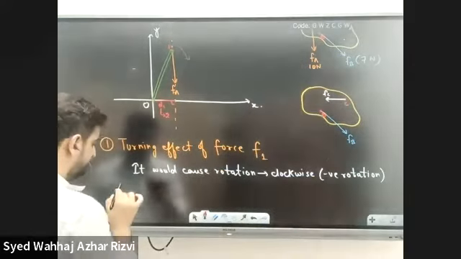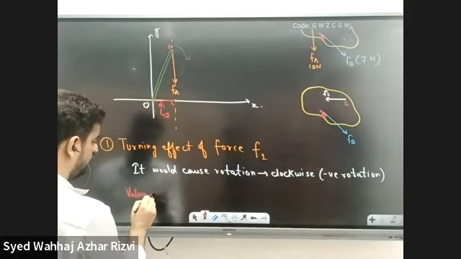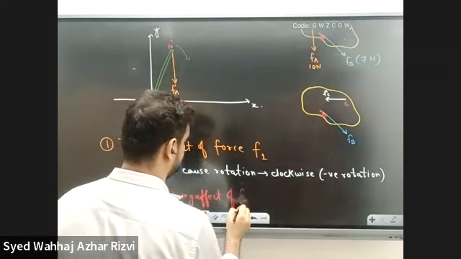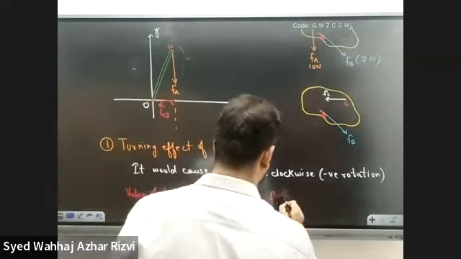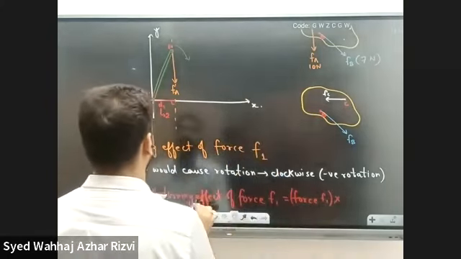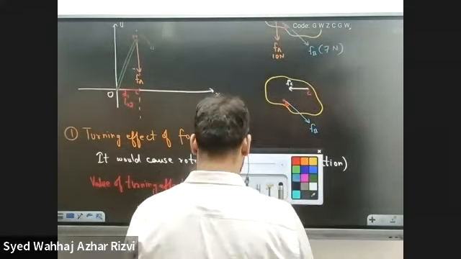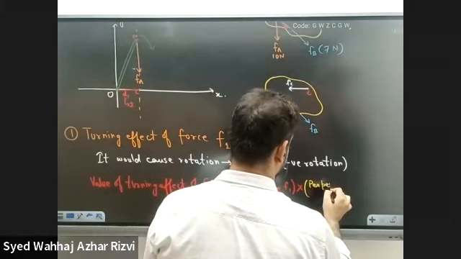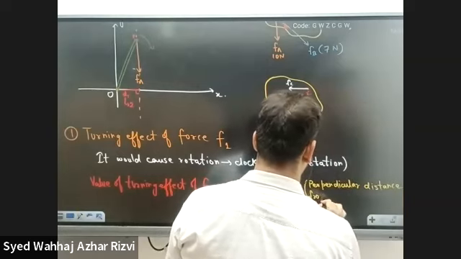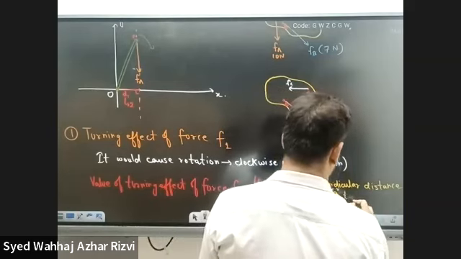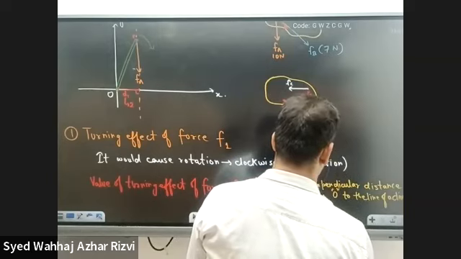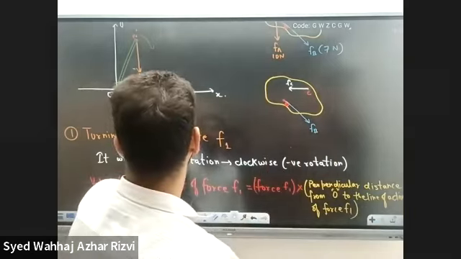Okay, so the value of turning effect of force F1 is equal to force F1 multiplied by perpendicular distance from O to the line of action of force F1. Okay, what does it mean?